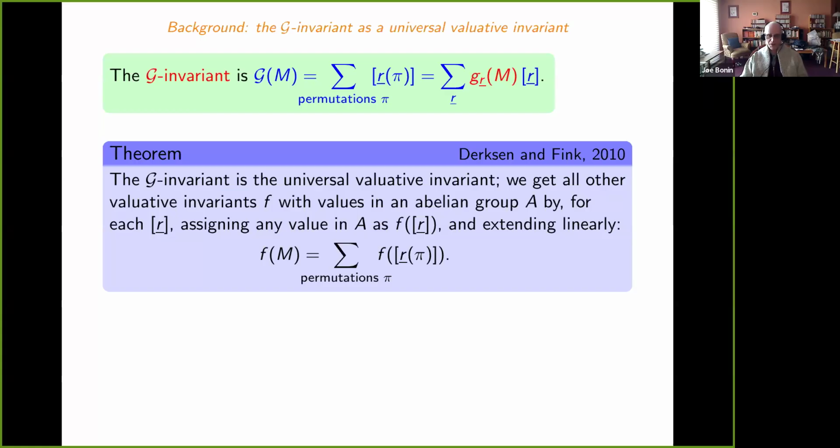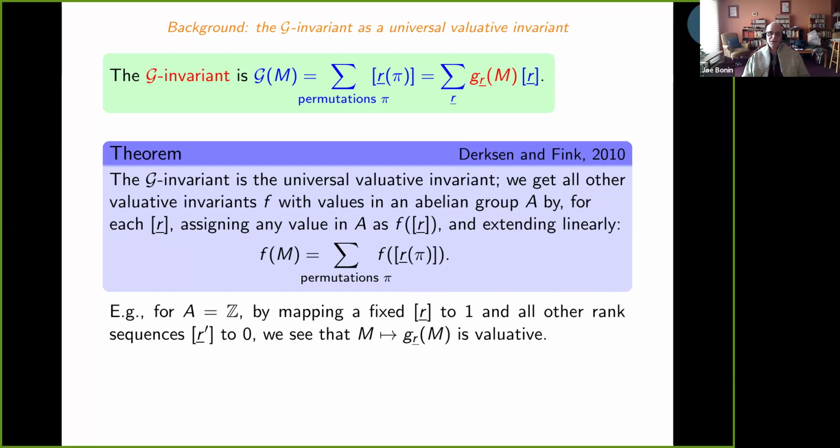The G invariant is a universal valuative invariant. To get all other valuative invariants into a particular abelian group, you simply assign for each of these variables associated with rank sequences some image and extend linearly. Among the interesting instances of that, map a particular rank sequence to 1, all the others to 0.